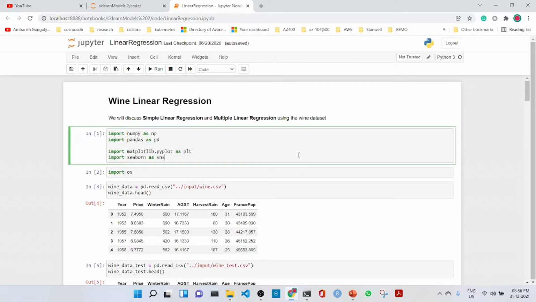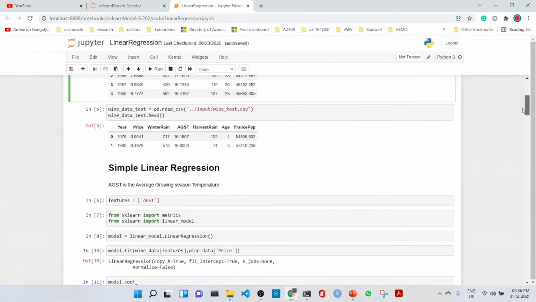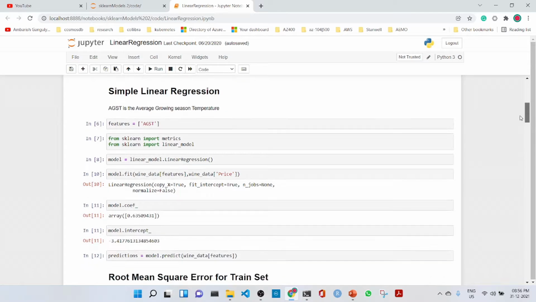So the first cell is importing the libraries NumPy, Pandas, Matplotlib, and Seaborn. We read the wine dataset and we also read the test dataset. For the simple linear regression, we are using only one variable here, which is AGST, the average growing season temperature.